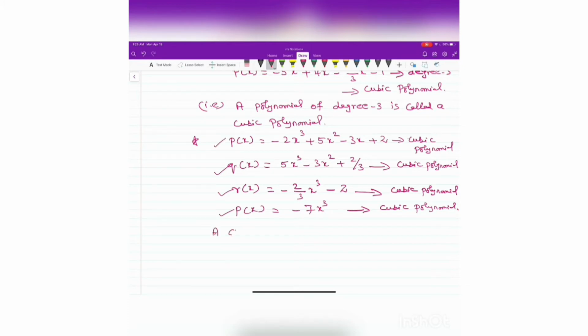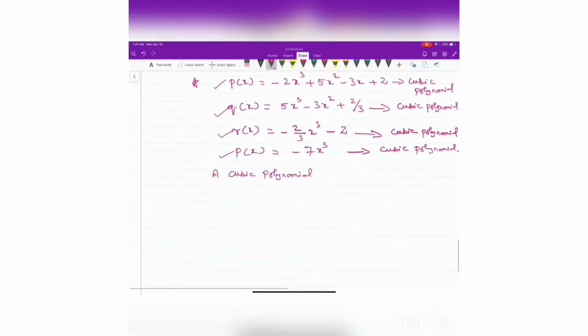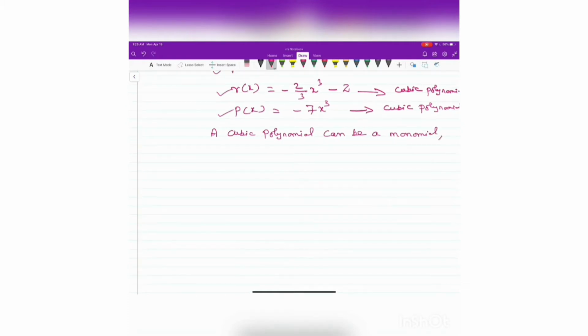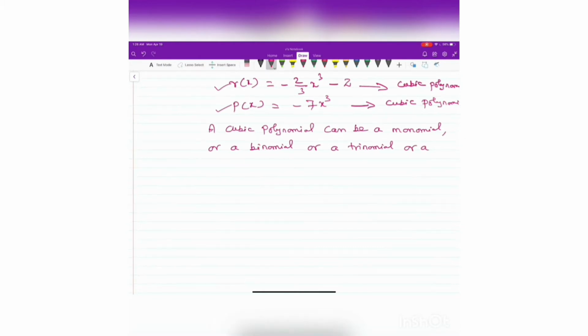A cubic polynomial can be monomial, or a binomial, or a trinomial, or a quadrinomial.